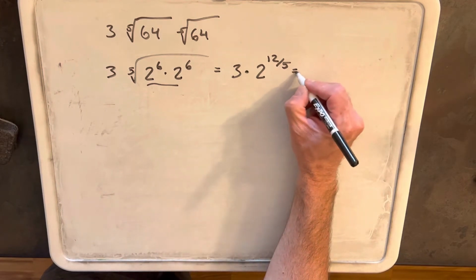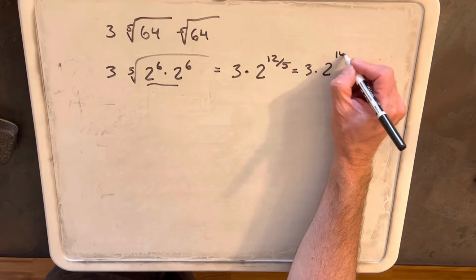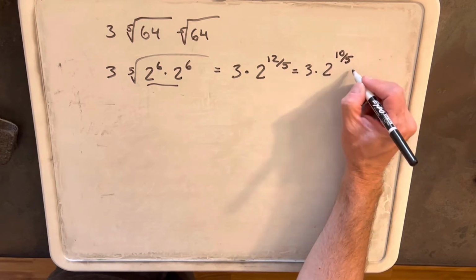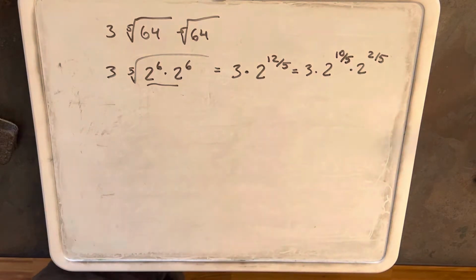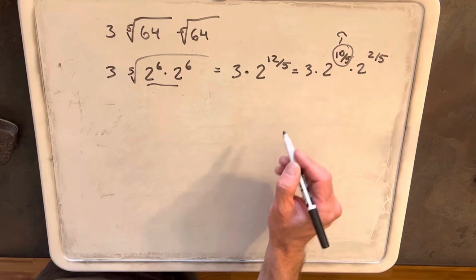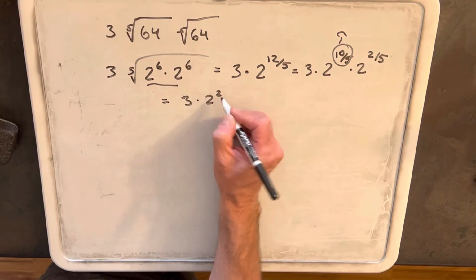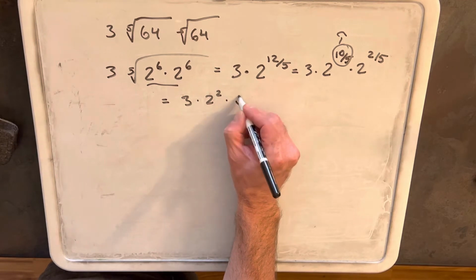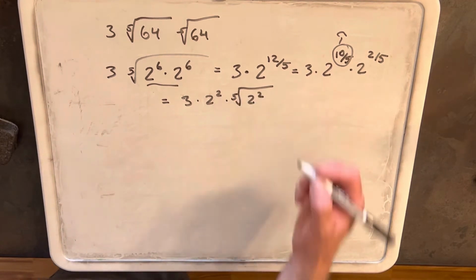Then we can separate this out. We could write this as 3 times 2 to the 10 over 5 times 2 to the 2 over 5. And 10 over 5, we notice it's just 2. So we're gonna have 3 times 2 squared times, I'm gonna put the radical sign back on this, 2 squared.